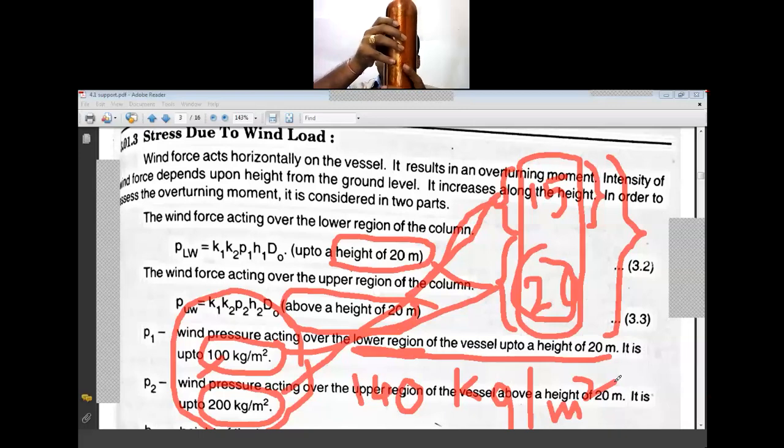Now looking at this, up to this point the height is 20 meters, and above it is 15 meters. That means in the lower section the load acting is only 100 kgs per meter square, and above 20 meters height the load acting is 200 kgs per meter square.